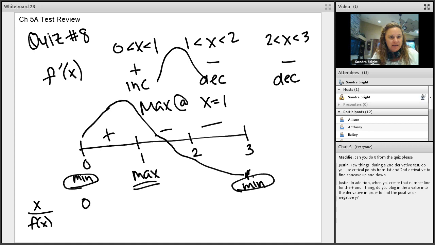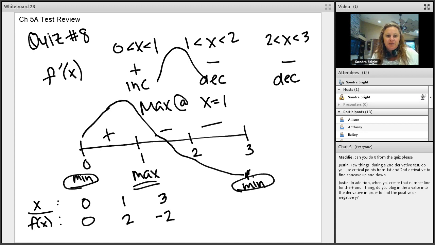So at x equals 0, your y is 0, and at x equals 1, your y is 2. 2 we don't care about, it didn't affect anything, but then when x is 3, we've got a negative 2.